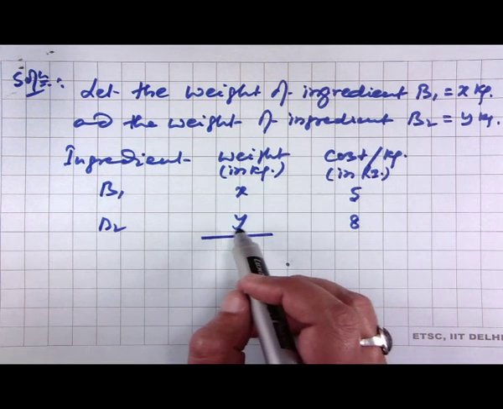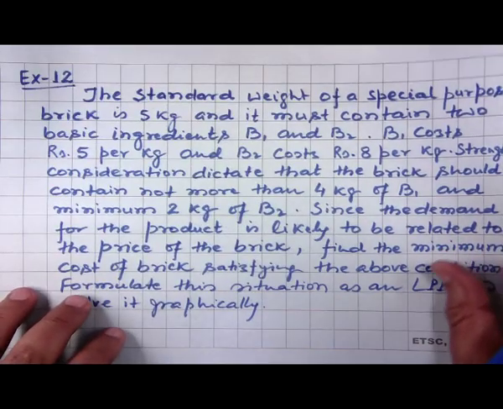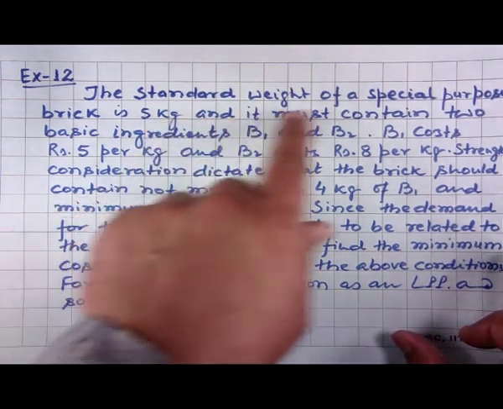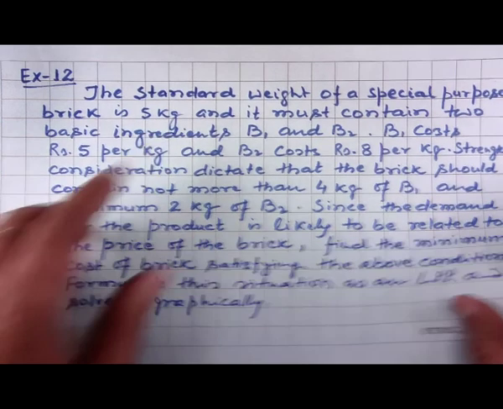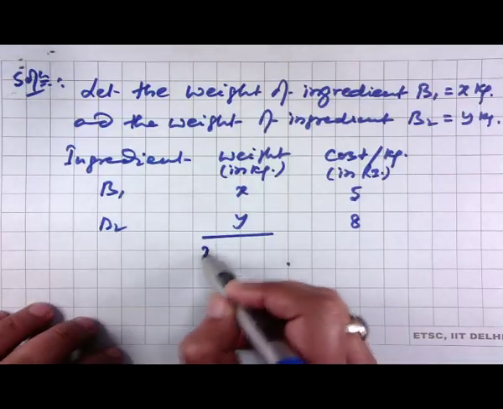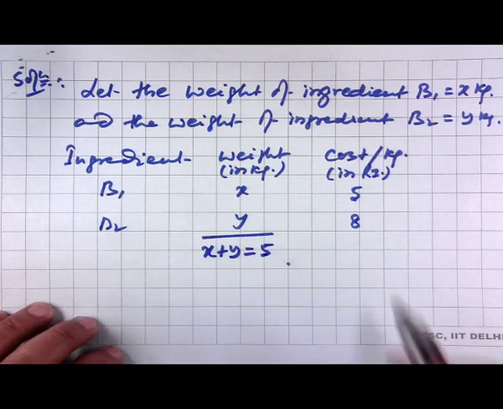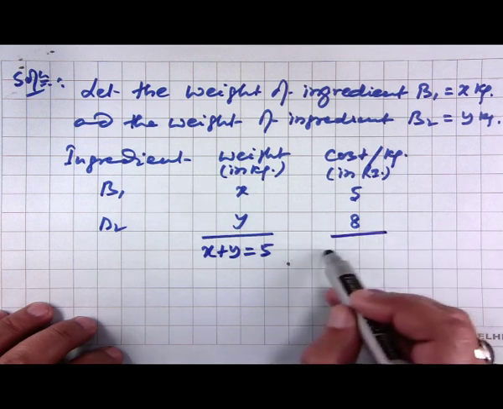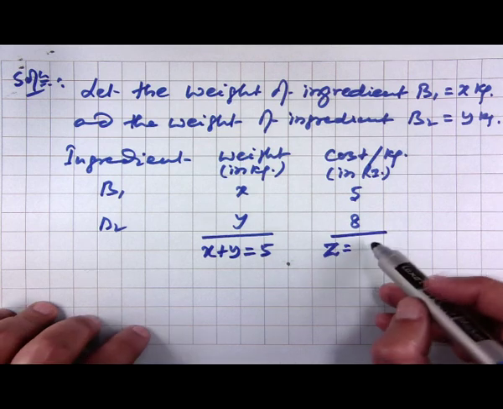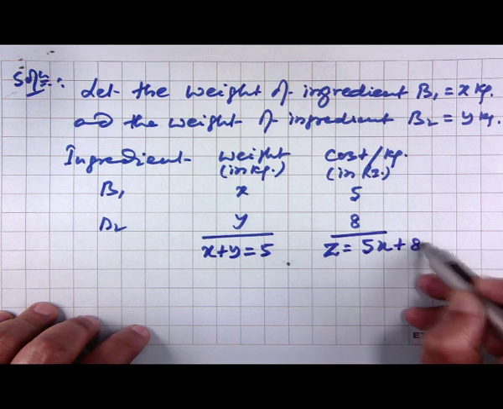So x plus y equal to 5, since the standard weight of a special purpose brick is 5 kg, and the cost function Z equal to 5x plus 8y.